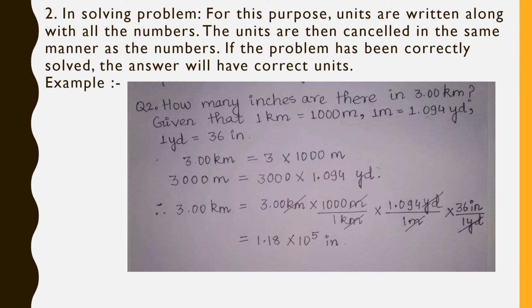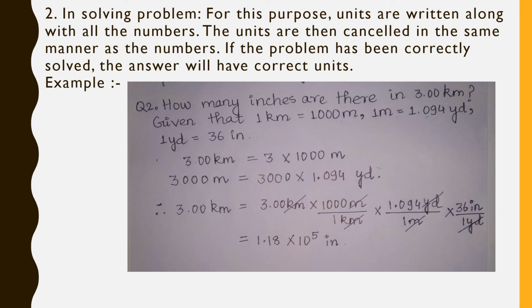First of all, we convert it into meters, so 3 into 1000 meters. Then for converting meter into yard, we multiply 3000 by 1.094. This is the total number of yards. After getting the total number of yards, we multiply it with 36 inches. Then we get our answer in inches.